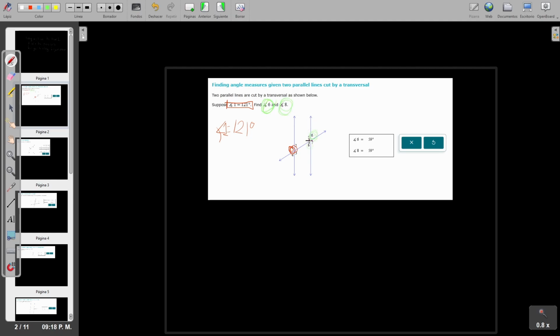6 and 8 are these ones. Remember, we should be seeing this angle as this one, like this. Any two parallel lines divided by a transversal line, in this case this is the transversal line, its values are going to be the same.